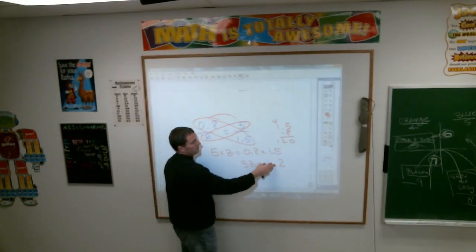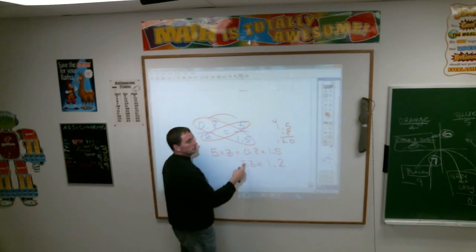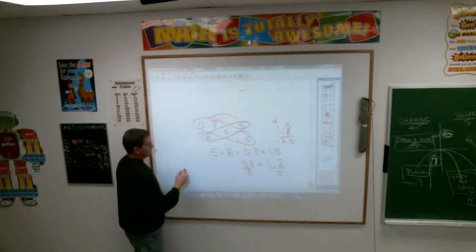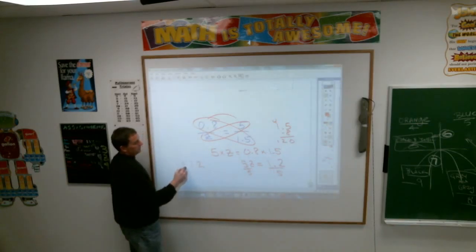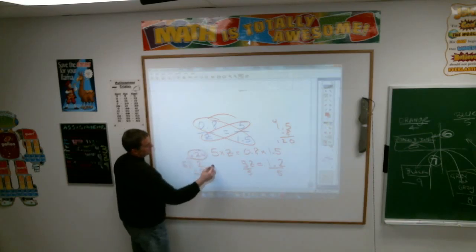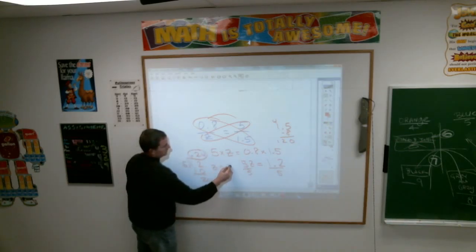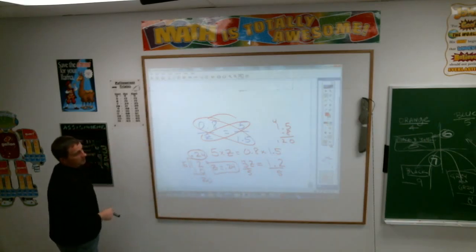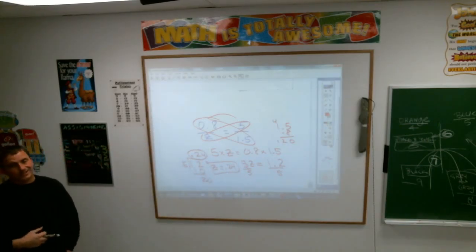This is a multiplication equation, so to solve it I have to divide by 5. And how many times does 5 go into 1.2? You might actually have to do some work here. z equals 0.24. No easy way around it, but that is the answer.